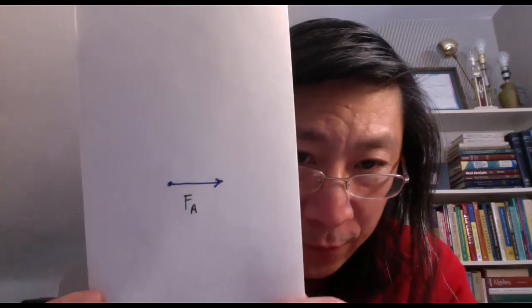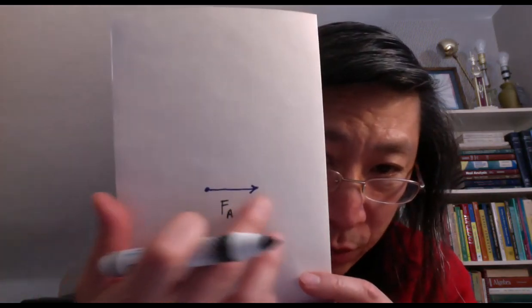Okay, so here's a force. Let's call that force A. Little a means it's the first force, A, coming this direction, that way. And then the object gets pushed a second time. Now another force comes in.